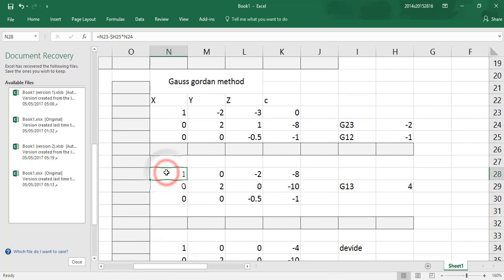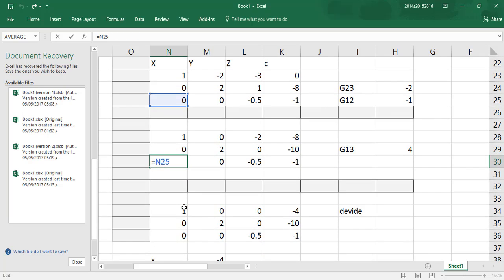We will get a new first row which equals the first row minus the parameter multiplied by the second row, and the second row will equal the second row minus the parameter multiplied by the third row. The third row will be the same, with no change.